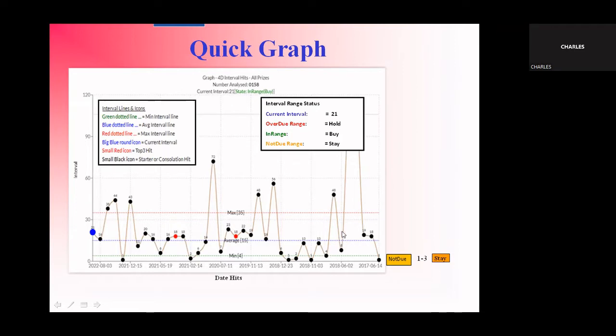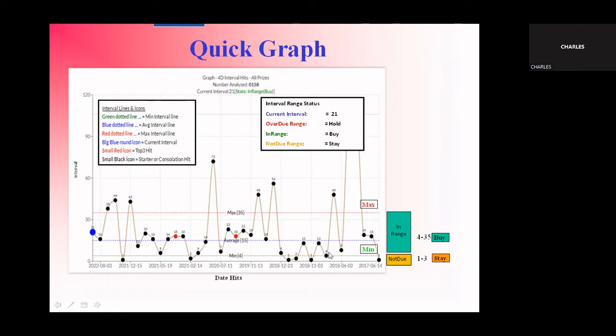And the next point is when a number hits in range. Now in range is when a number hits from interval 4 to 35, up to the maximum line. That means from the minimum line, which is interval 4, to the maximum interval line 35. So this is in range. So you notice that the majority of the numbers have hit within this in range interval.